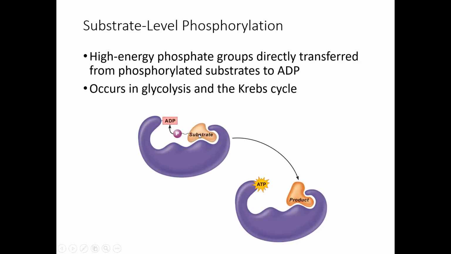We're taking the energy from the substrates and using that to force the third phosphate back on. This is a high energy bond. Substrate level phosphorylation, glycolysis, and arguably the Krebs cycle too, does not give you a big payoff on ATP.